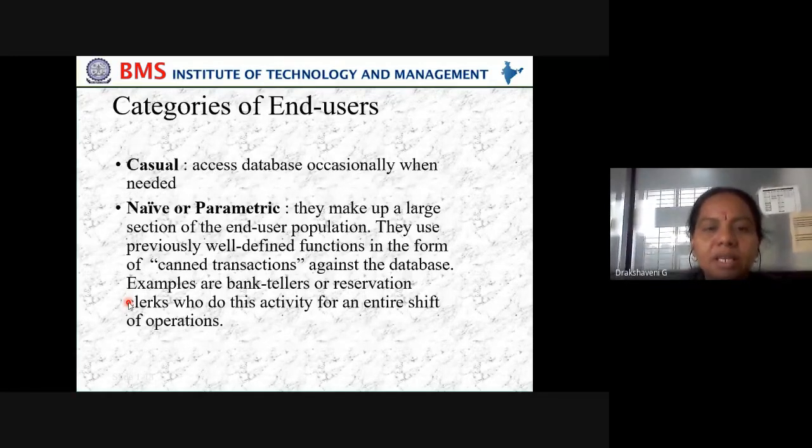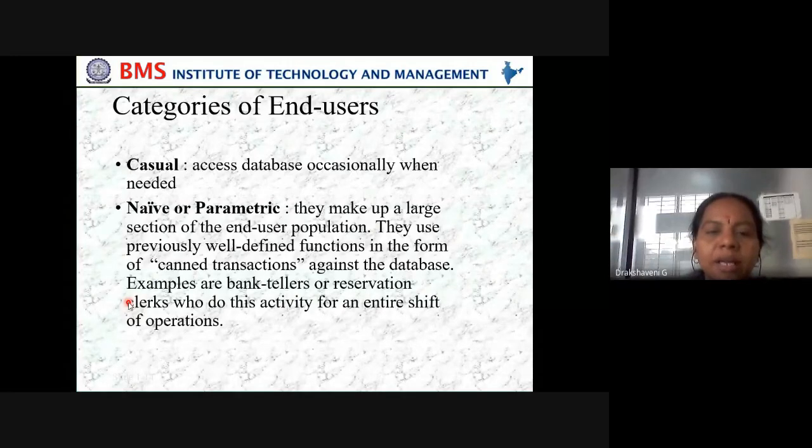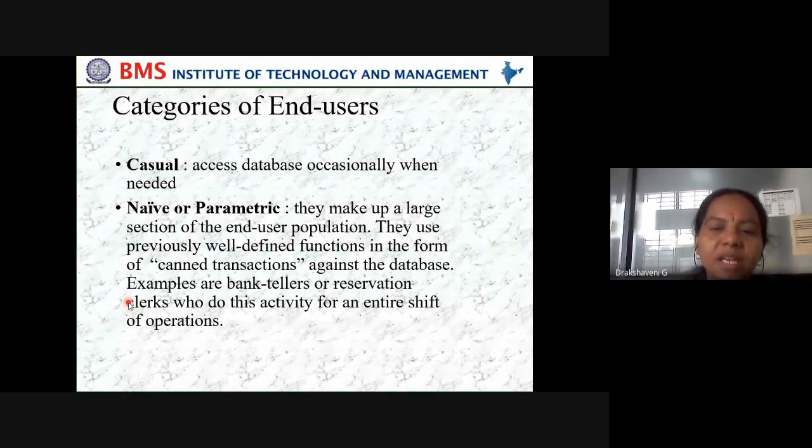Then categories of end users: casual users access a database occasionally when needed. Naive or parametric users make up a large section of the end user population. They use previously well-defined functions in the form of canned transactions against the database.